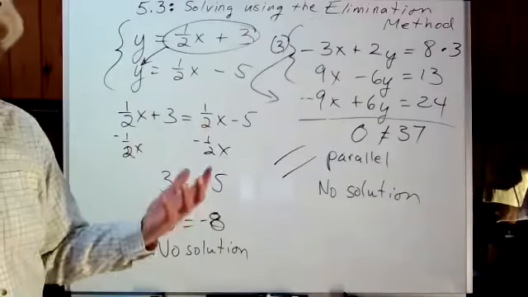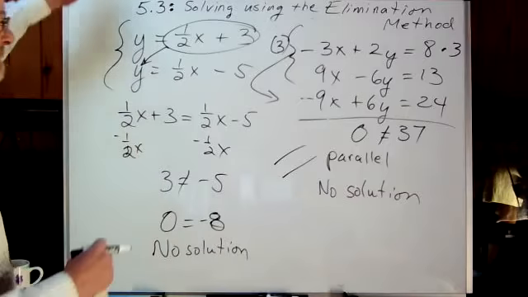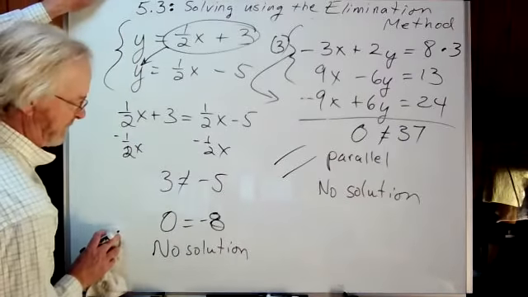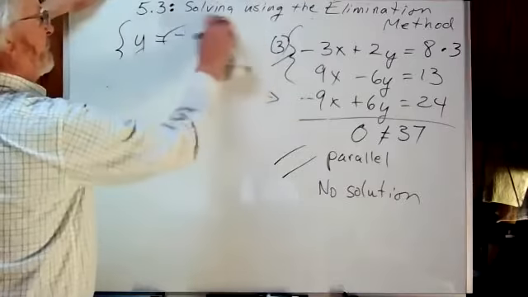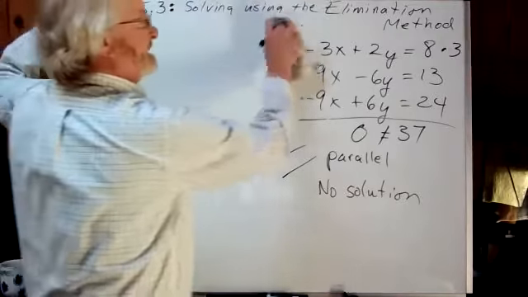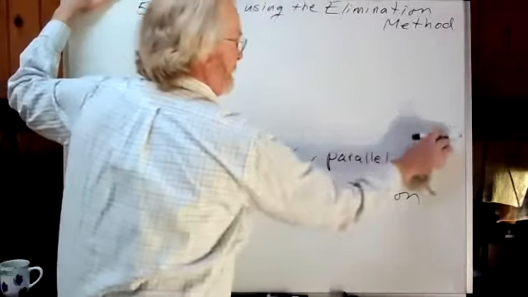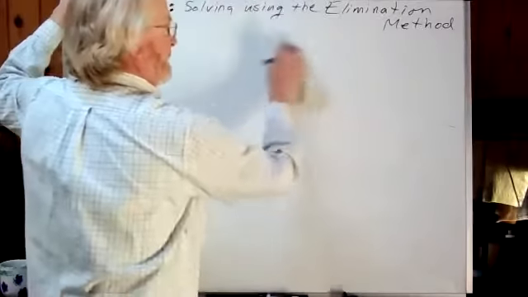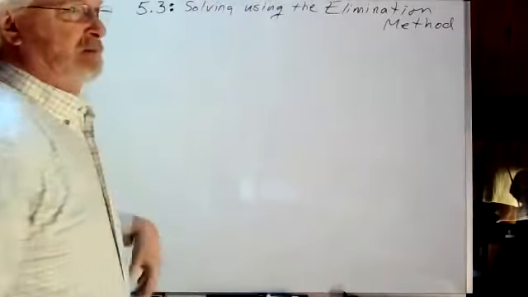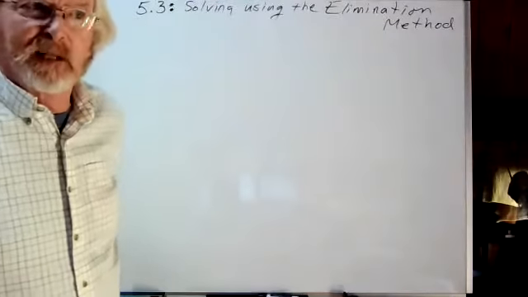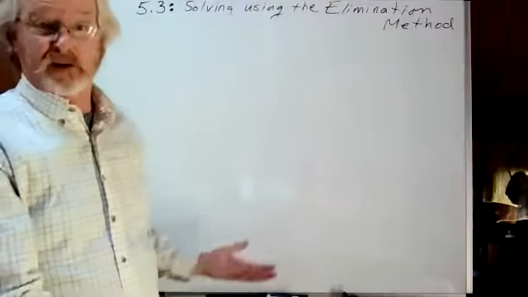What about those dependent equations? Two equations that are actually the same line, right? Now, both of our techniques are used to eliminate one of the variables. And if you remember our equation solving where we had two equations that were the same line, we got something like 0 equals 0, always true.